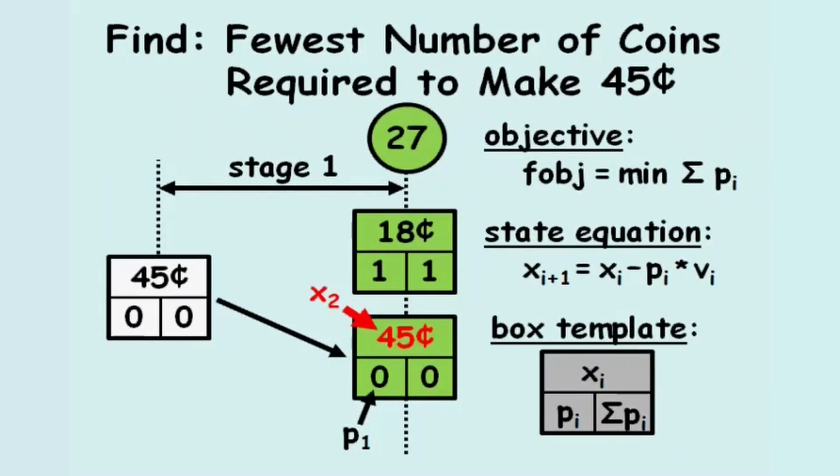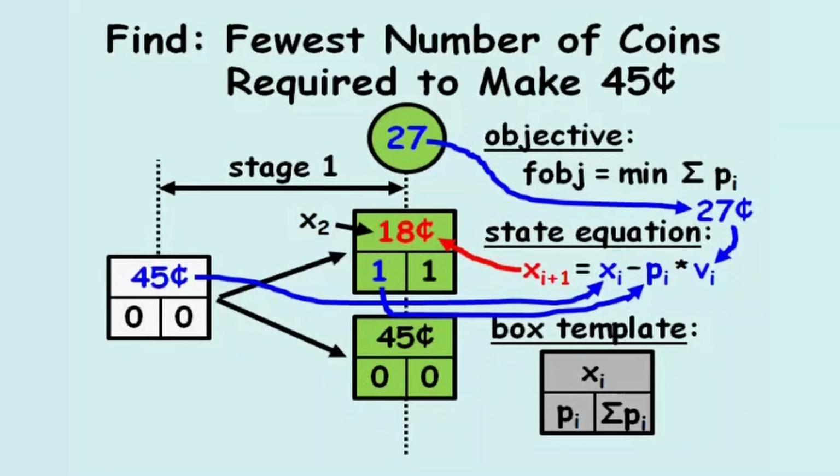If 1 27-cent coin is used to make change, then P1 equals 1 and x2 equals 18 cents of change left to be made. The state variable x2 is calculated by subtracting 1 times 27 cents from the 45 cents of change we needed to make at the beginning of the stage.